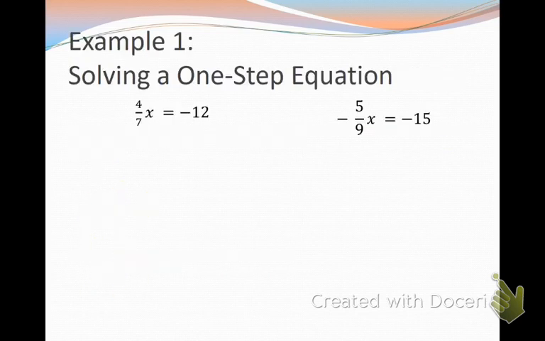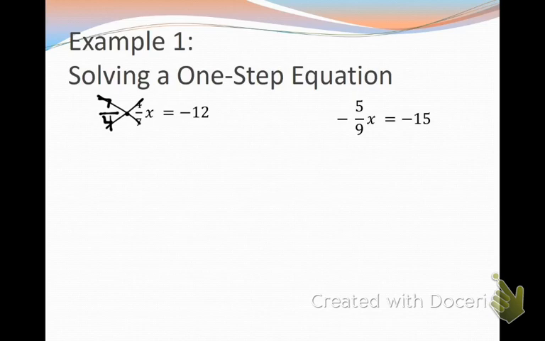All right, so in example 1, when we're solving a one-step equation, we must use reciprocals to get x by itself. 4/7 and x are connected. How can I isolate x? Well, I need to multiply by the reciprocal. And what you need to realize is when I cross-reduce this, it does not cancel out to 0.